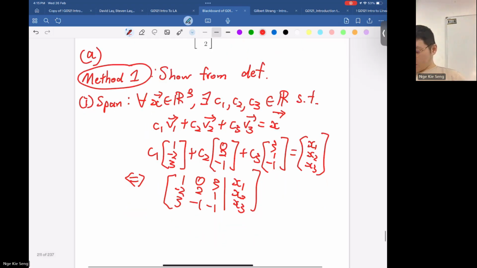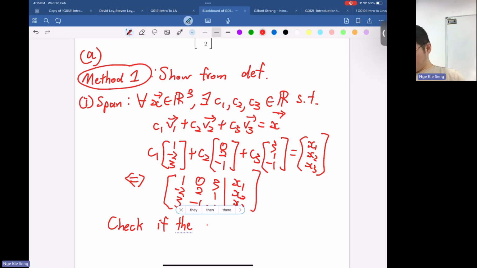So I want to say: check if the associated augmented linear system is always consistent.